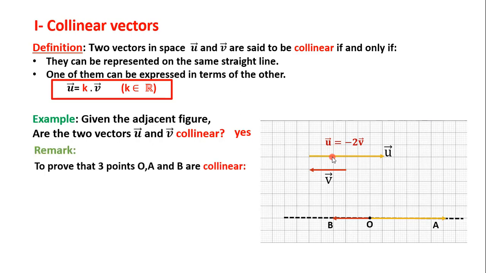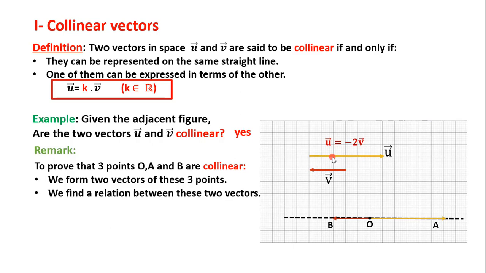Remark: to prove that 3 points in the space O, A and B are collinear, we form any two vectors of these 3 points, and we have to find a relation, or to determine a real number k multiplied by the second vector, to get a relation between these two vectors.